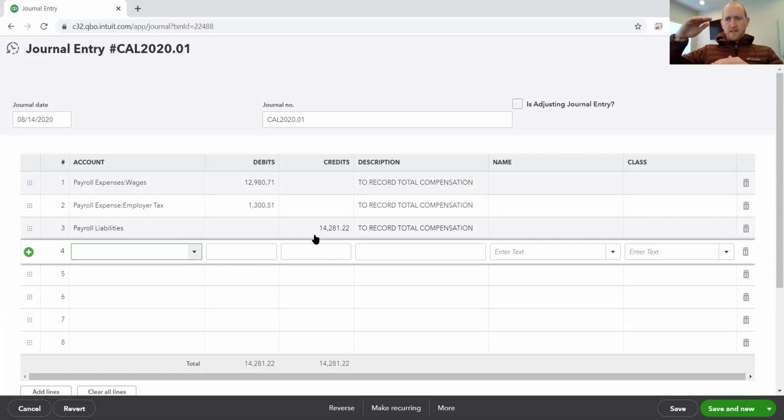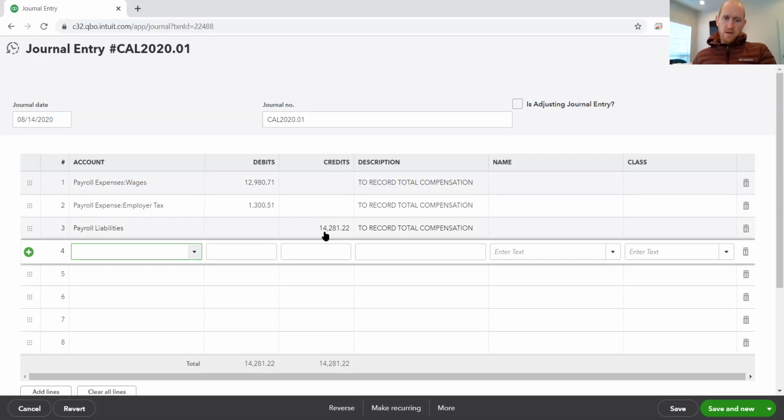So that credits payroll liabilities, that increases payroll liabilities on your balance sheet. You're going to see then, as of 8/14, wages expense, tax expense, the accurate amount there for that period. And then you're going to have this payroll liability balance, okay?